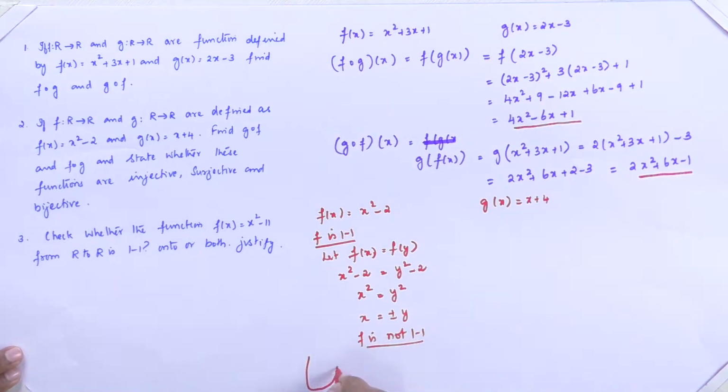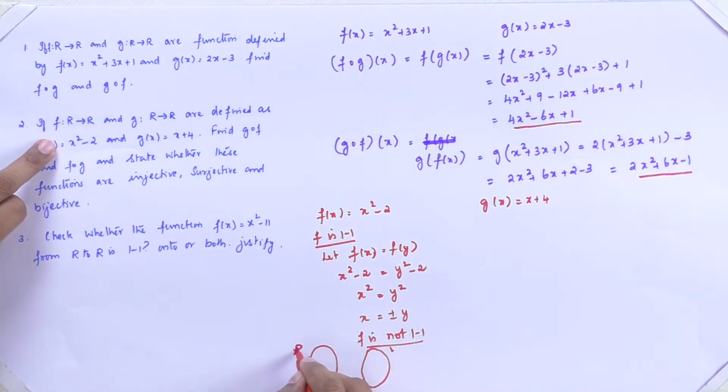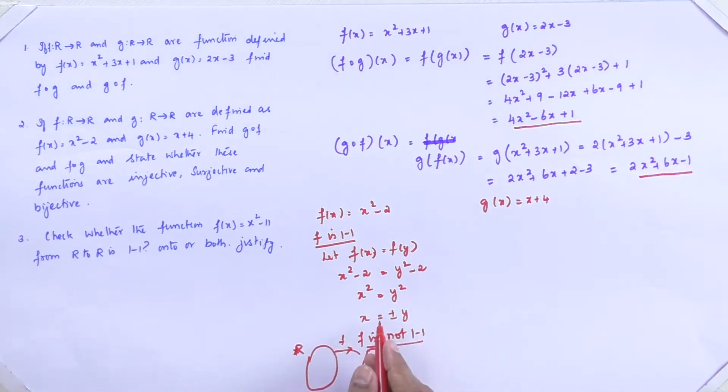Let me give you an illustration of this. I have x, I have y. f is a function from R to R. Then you see here, I have an element x that is mapped onto positive y as well as negative y.